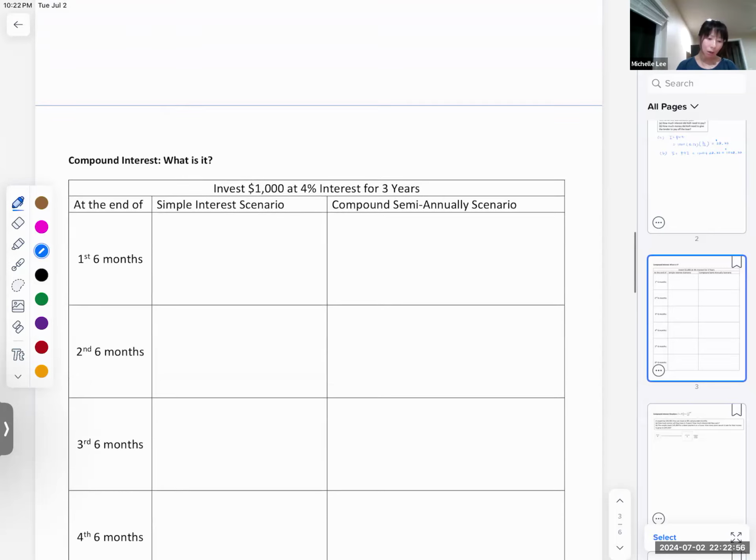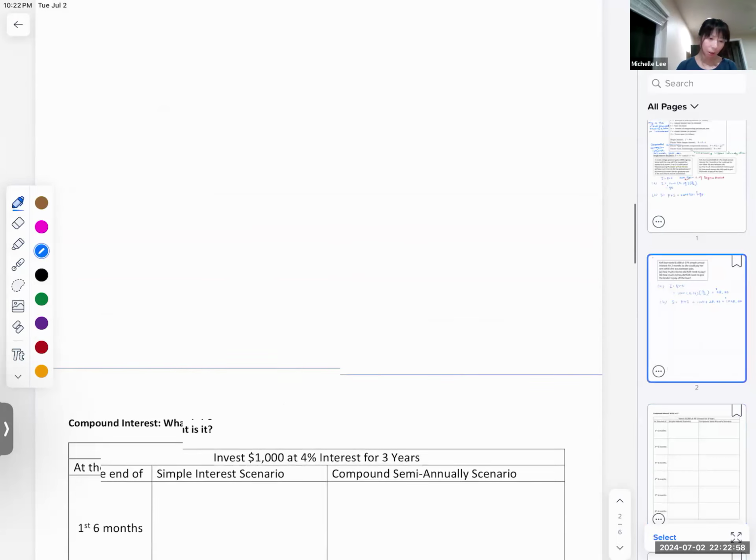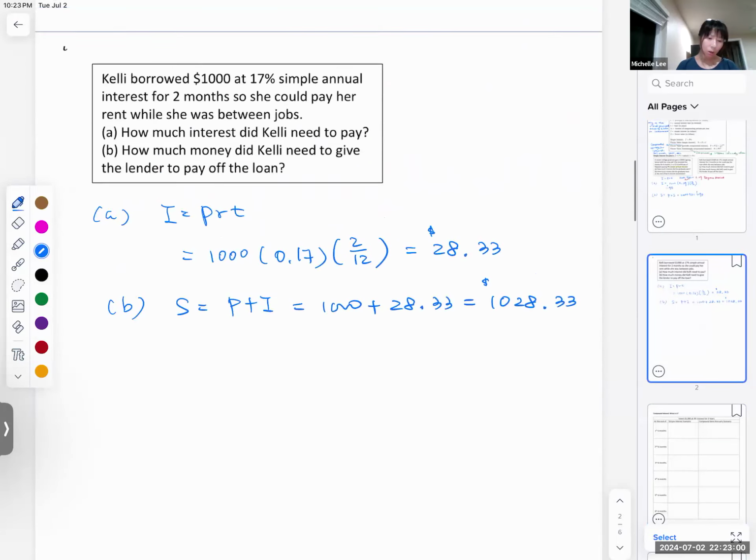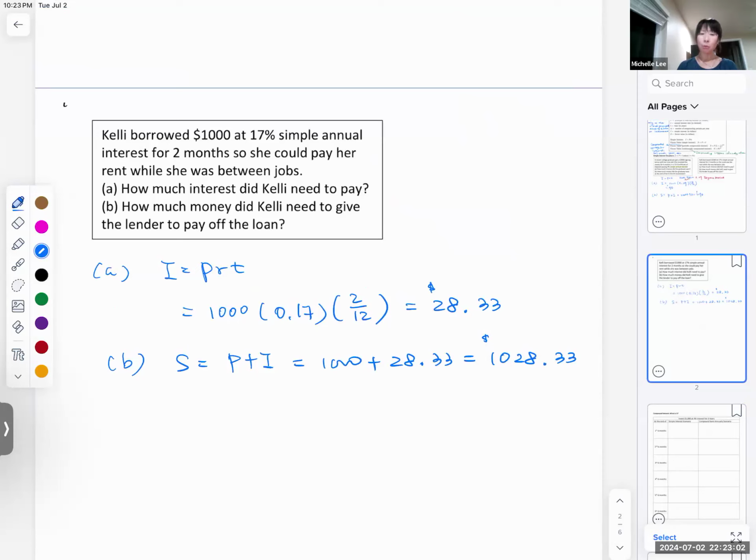Okay, now let's use the formula. I introduced you to the formula earlier for simple interest, which is interest I equals PRT, and future value S equals P plus I, right?